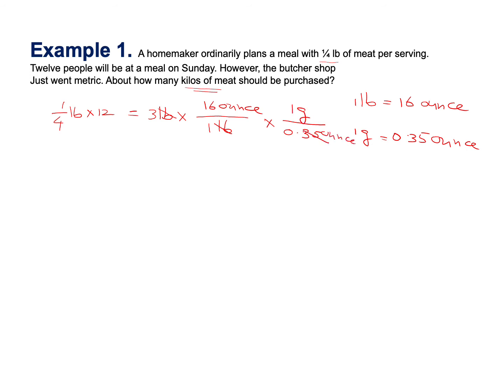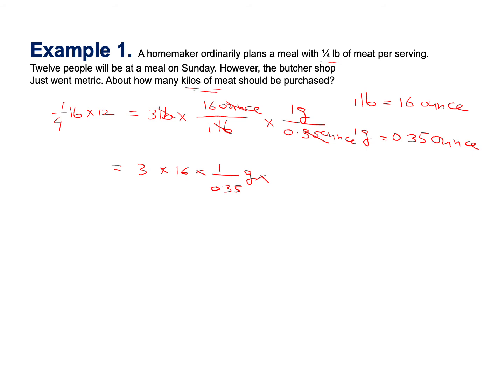So ounce cancels. Now you have 3 times 16 times 1 over 0.35 grams. So now we have to convert grams to kilograms.